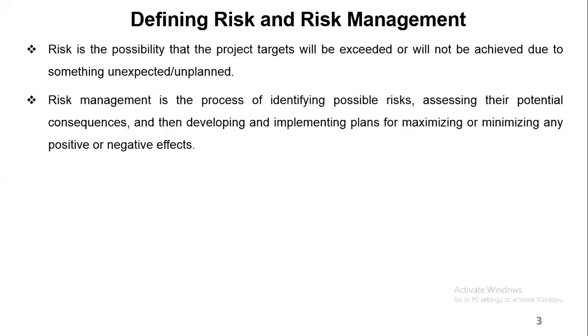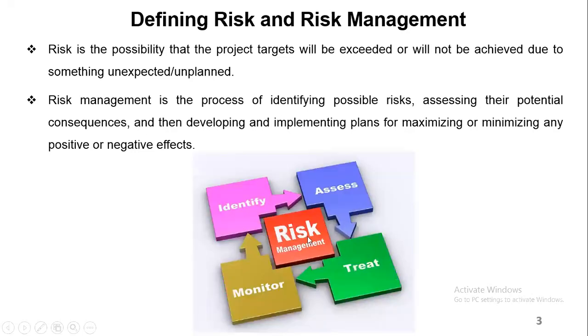Yes, sir. Okay. So your risk management starts off with identifying the risks. There are a number of techniques that you can use to identify those risks, and we'll look at them. Then you assess the risk.